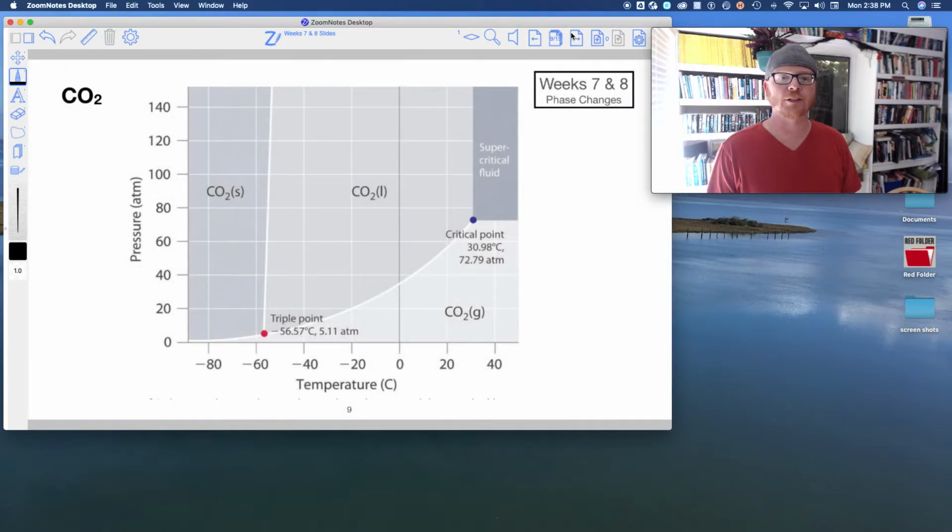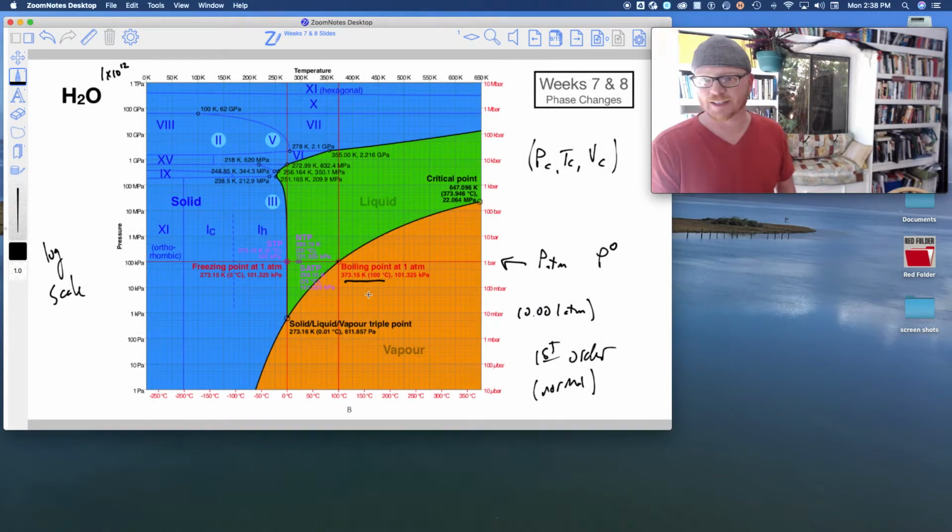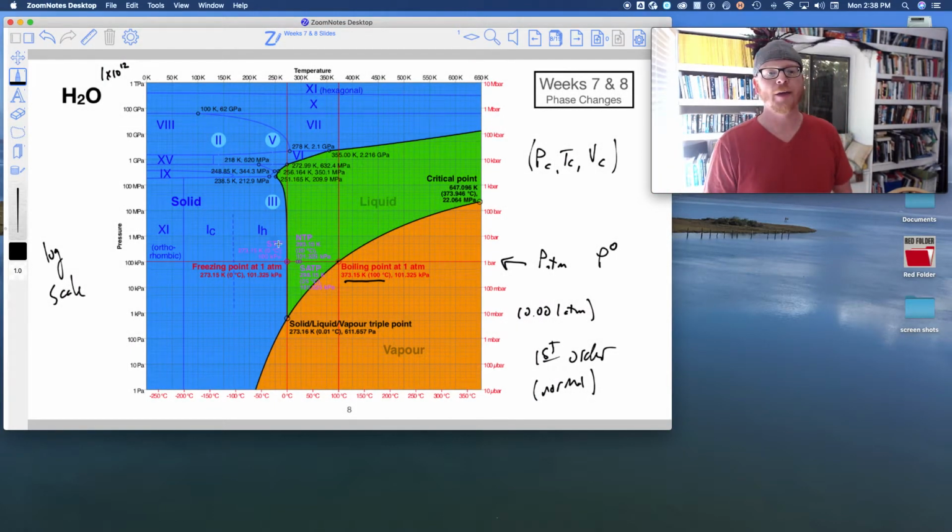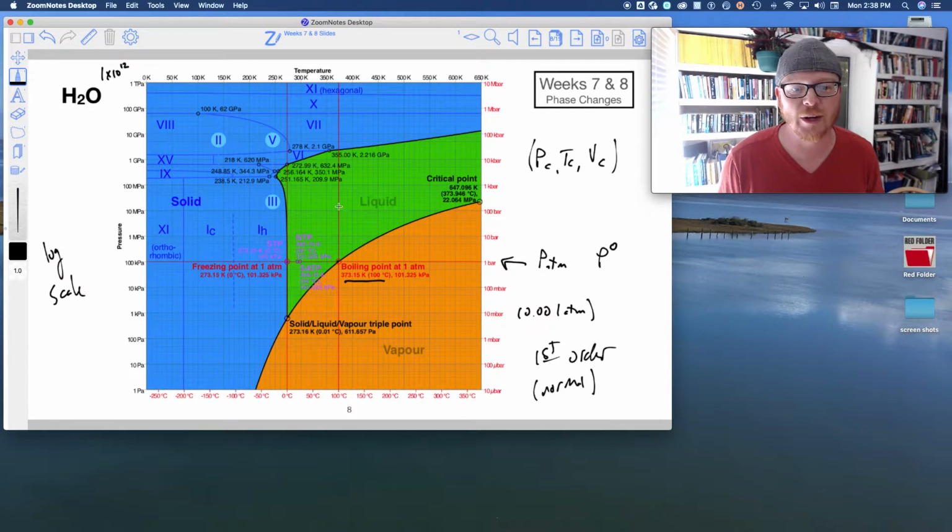So moving on. Now here's CO2. It's not quite as detailed of a diagram, but what you can see here, the biggest noticeable difference: the boundary between the solid and the liquid has a positive slope. I didn't talk about this here, and it's really hard to see on this scale, but as it turns out in water, the liquid and solid boundary actually has a negative slope.